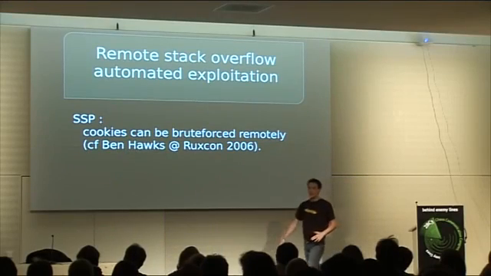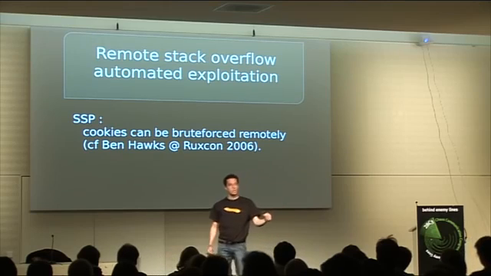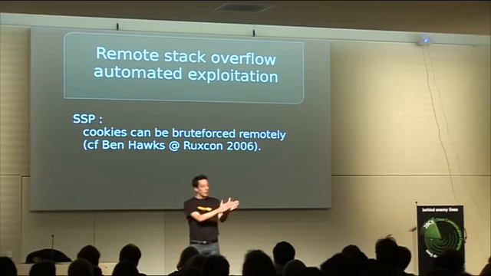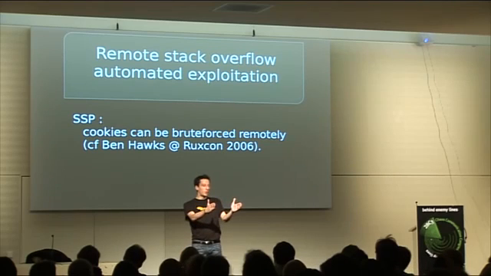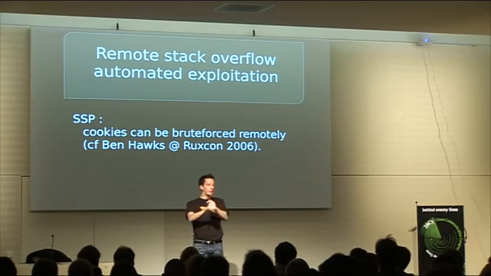So what Ben said is that, hey, I'm going to overwrite byte per byte the stack cookie in different threads. I create a new connection, I send the amount of data to fill my stack buffer, and then I reach my canary. I'm overwriting only the first byte.